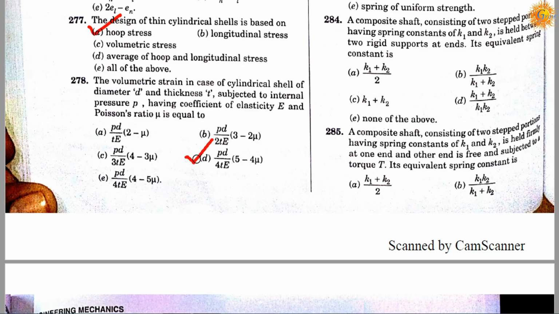Correct answer is D. It will be PD upon 4TE in the small bracket (5 minus 4 mu).